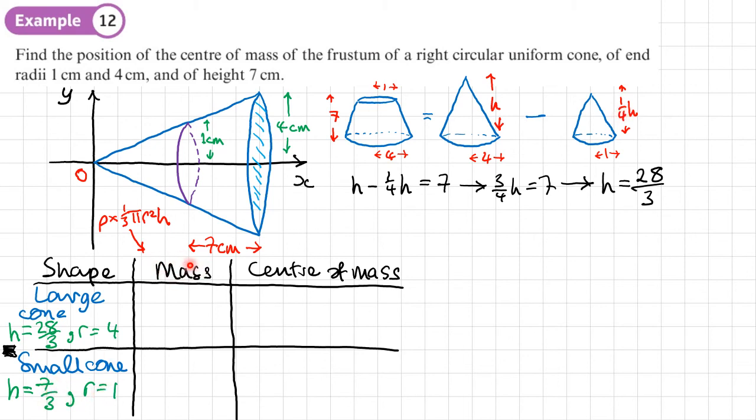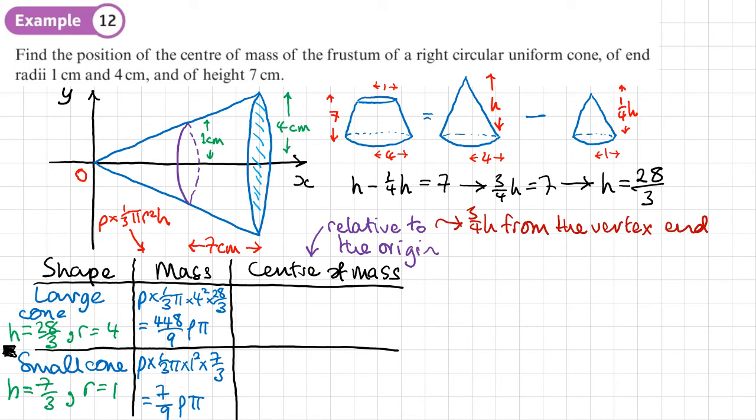Now if we want to find the mass, it is going to be rho times 1/3 pi r squared h. So we'll just substitute those values in, and if we work out what that gives us, 448 over 9 rho pi. We'll do the same for the small cone, and that gives us 7 over 9 rho pi.